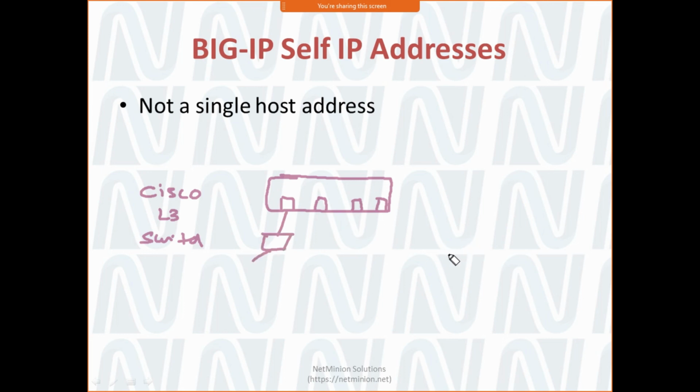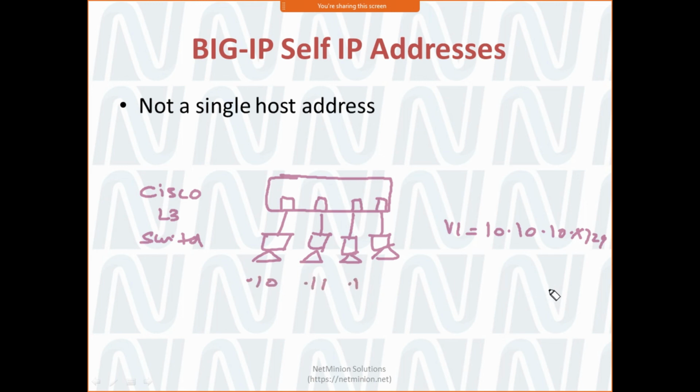These PCs have VLAN 10 IP addresses. Maybe VLAN 10 is 10.10.10.x/24, so maybe 10, 11, 12, and 14, something like that. When these PCs want to communicate among each other, the communication will be fine.